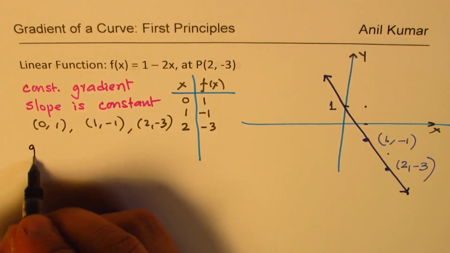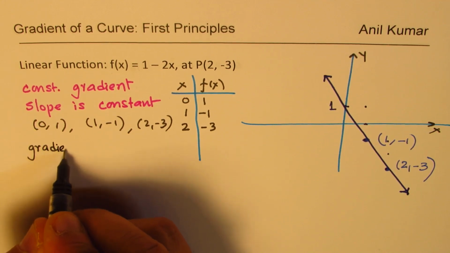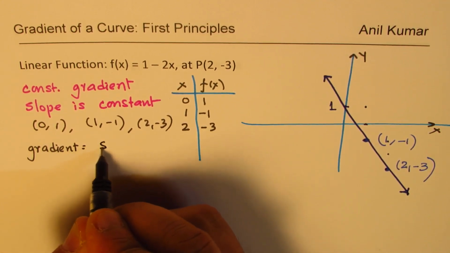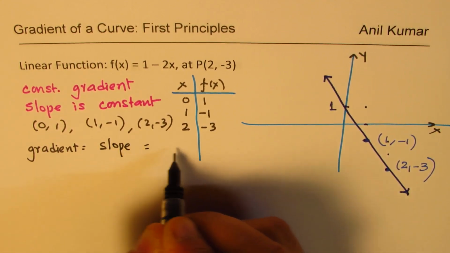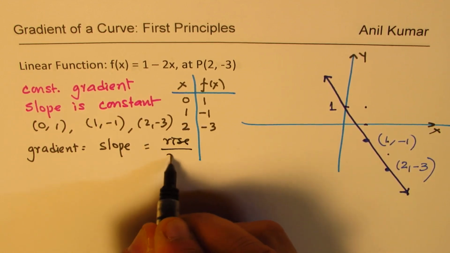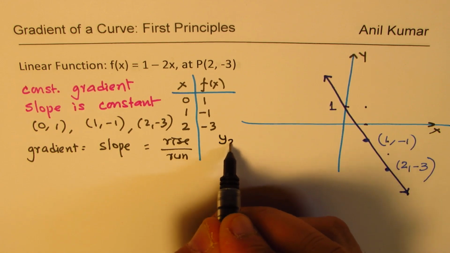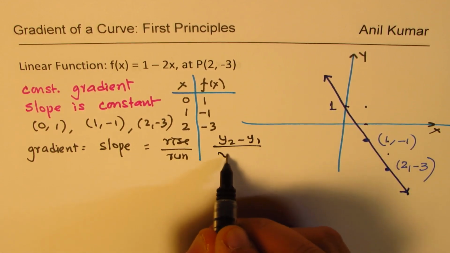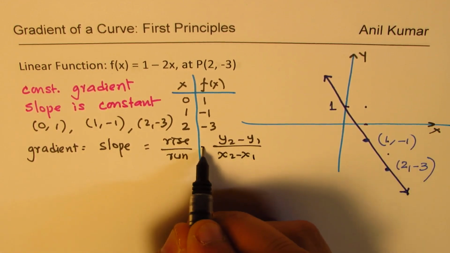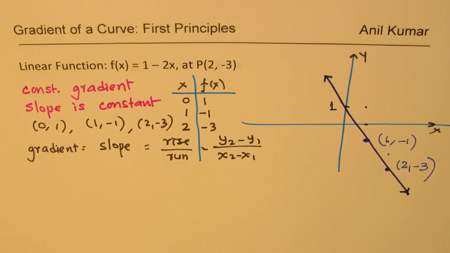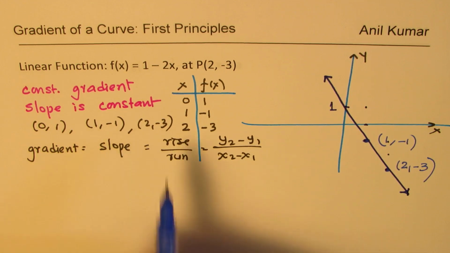Now what is gradient? Gradient basically is slope, which you know is rise over run. Now for a line, we can always find y2 minus y1 divided by x2 minus x1 to get the slope. Now in this particular example, as you can clearly see, these are my three different points.